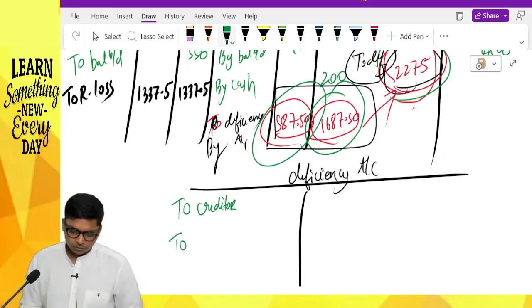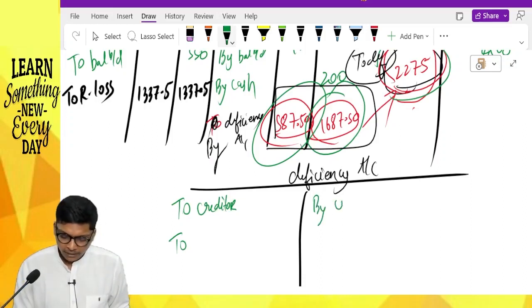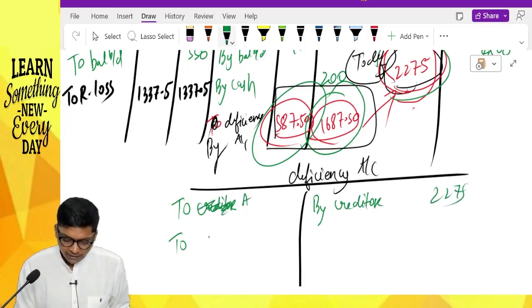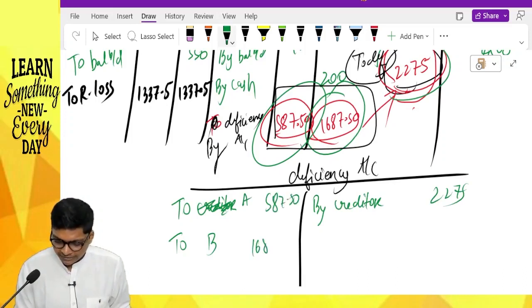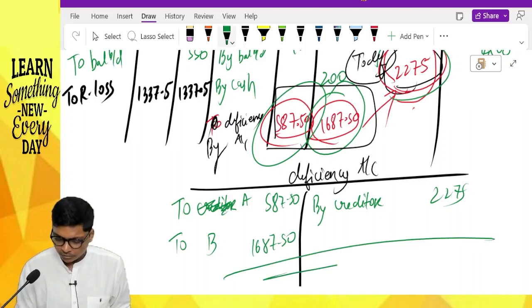By creditors, we are doing contra posting, guys. 2275, to A, to B, 587.5, 1687.5.